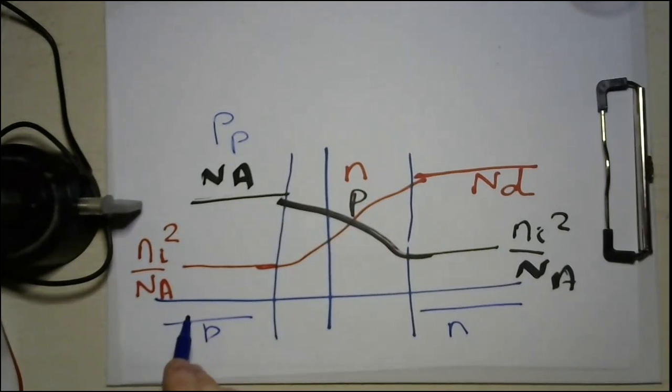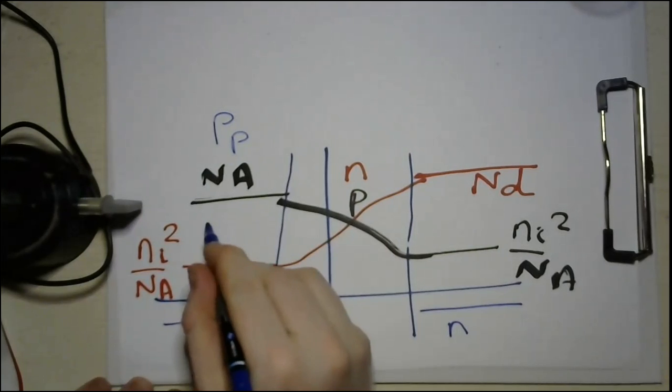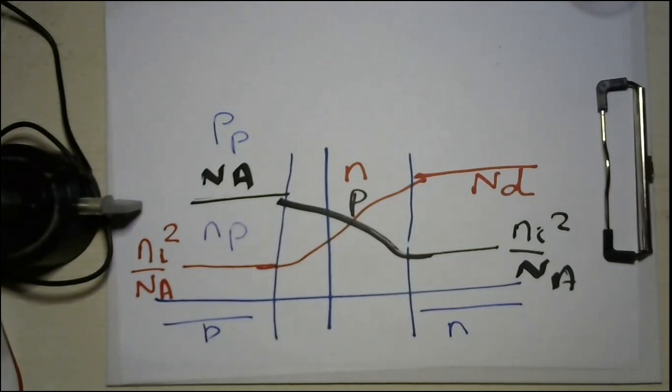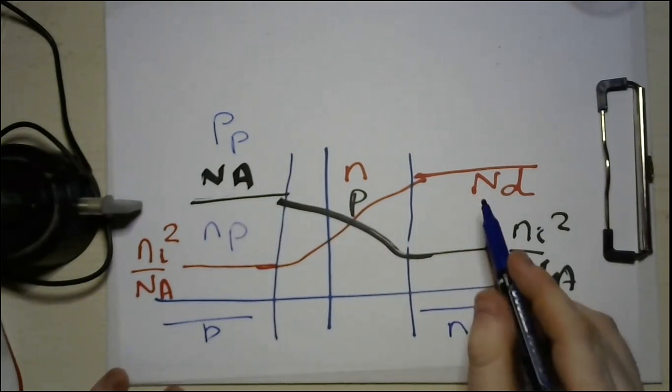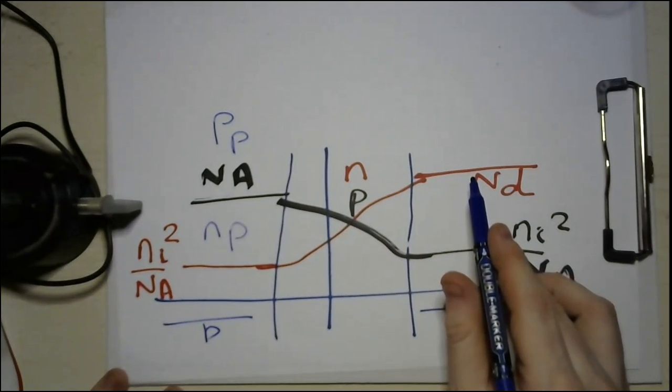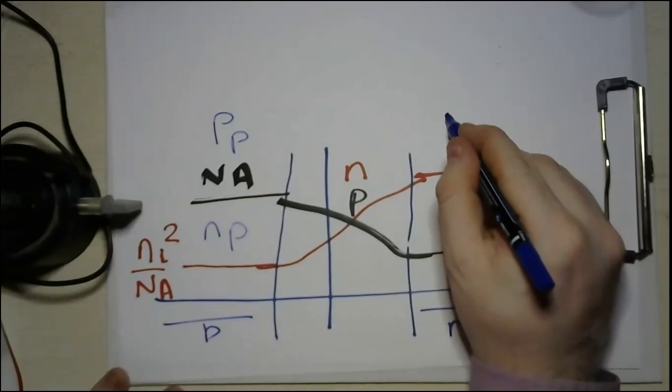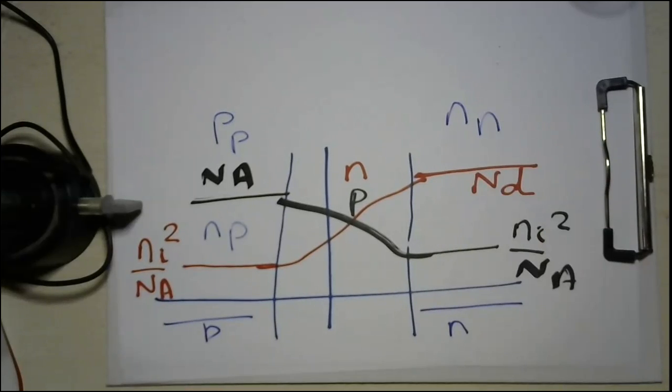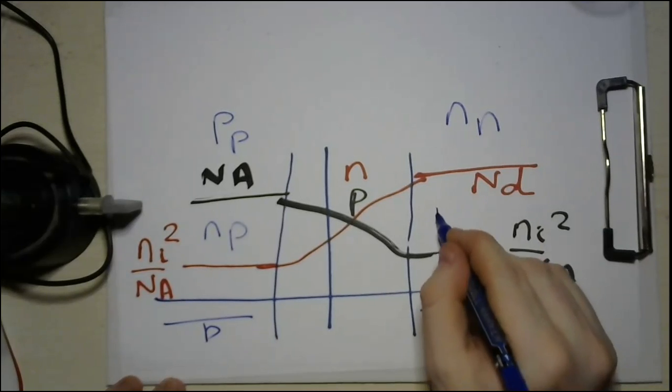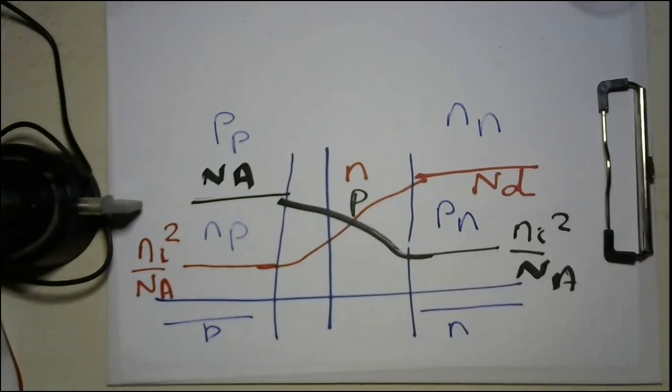When I would like to call the electrons in the P region, I will call it n sub p. When I would like to call the electrons in the N region, I will call it n sub n. When I would like to call the holes in the N region, I will call it p sub n. So the subscript indicates the region, and the main character indicates electrons or holes.